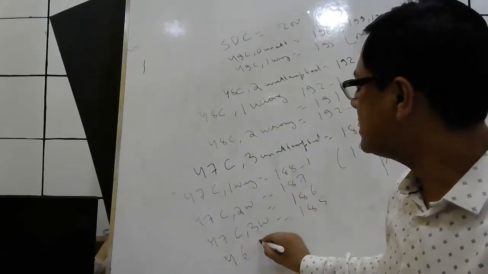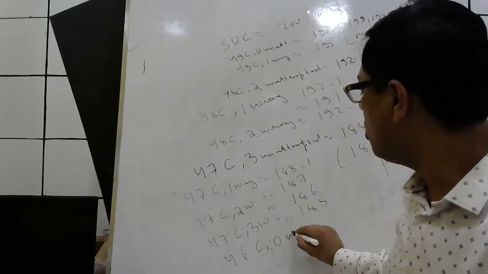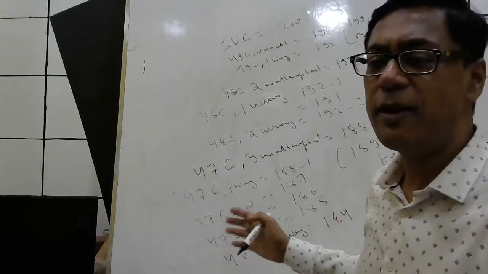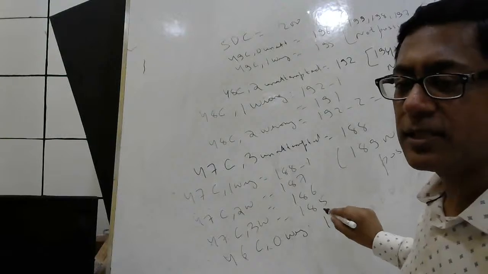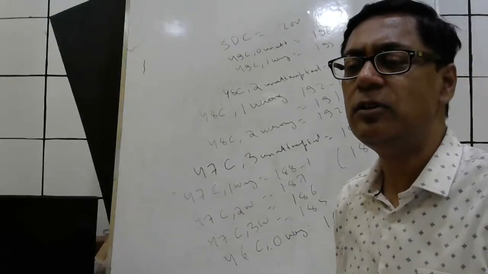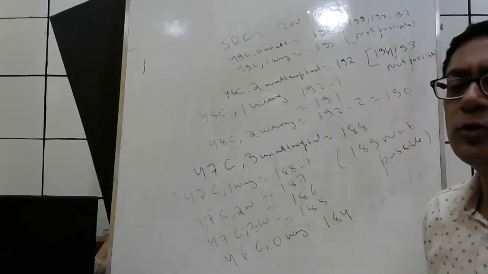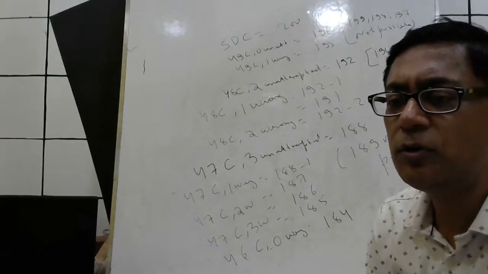And 46 correct, 0 wrong, 184. And this was my point. If you see, from here it has become seamless. Now I think I'm going to the question, and a lot of questions you will be able to solve. My main objective was that I should first explain to you how you really get there.